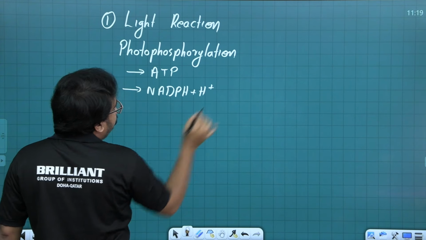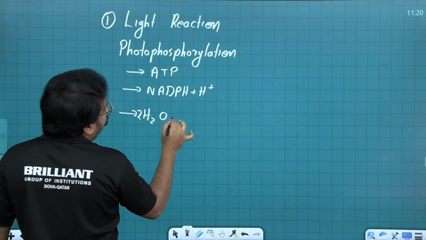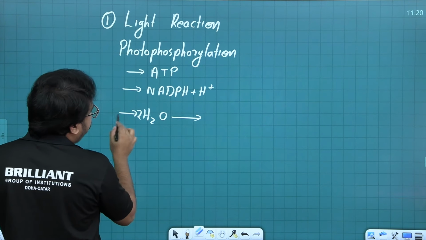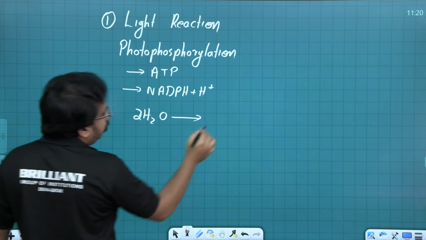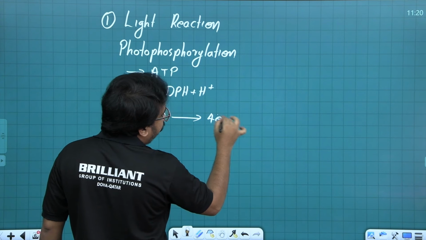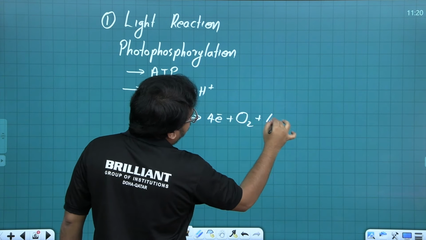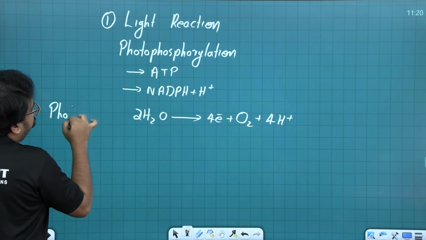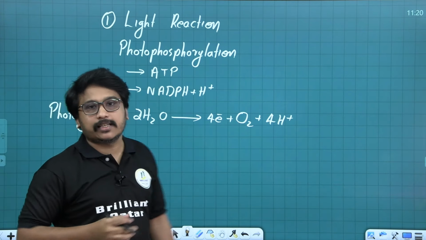That's also an energy. Then third, there is photolysis of water. Water will undergo breaking using sunlight, and photolysis of water can result in the release of oxygen and H plus. So this much we will be discussing in light reaction.